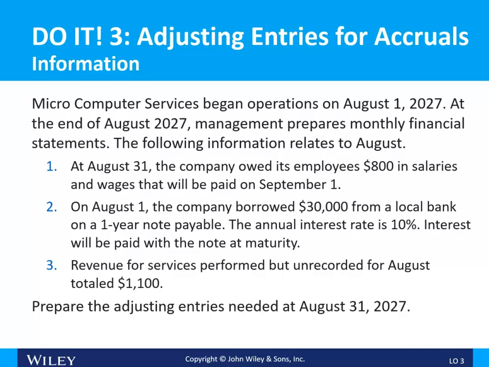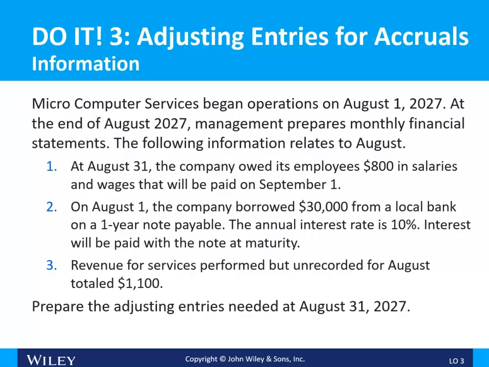So we'll go through some more examples. Microcomputer Services began operations on August 1st, 2027. At the end of August 2027, management prepares monthly financial statements. The following information relates to August. On August 31st, the company owed its employees $800 in salaries and wages that will be paid on September 1st.